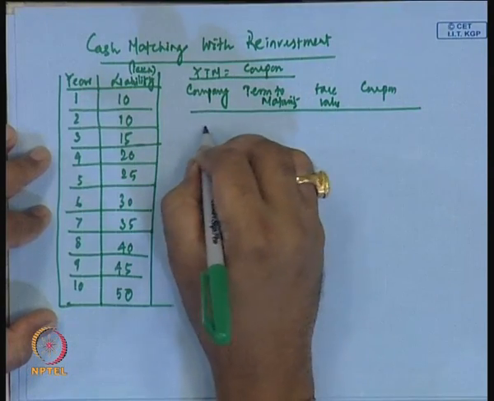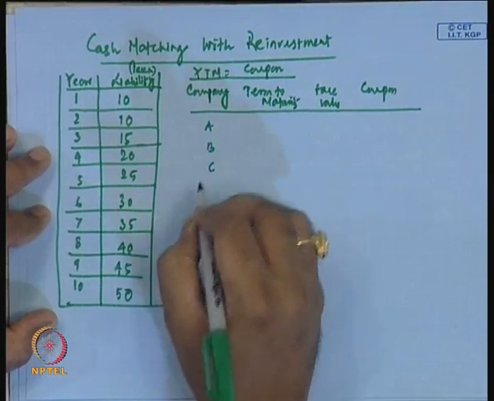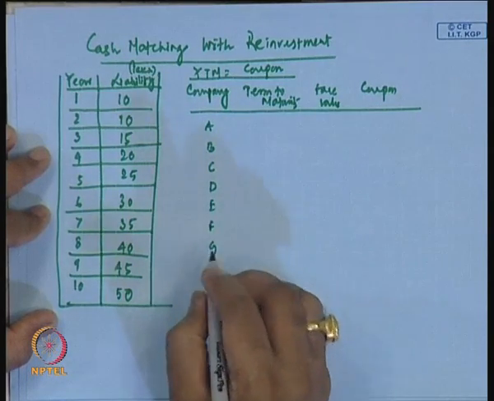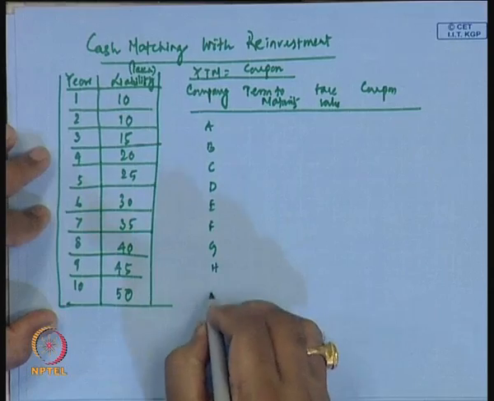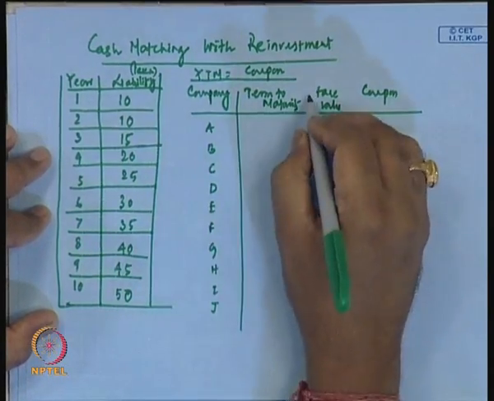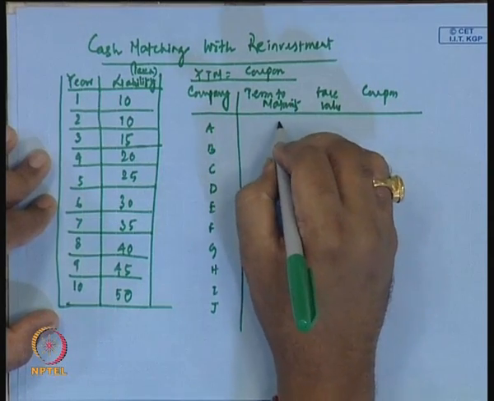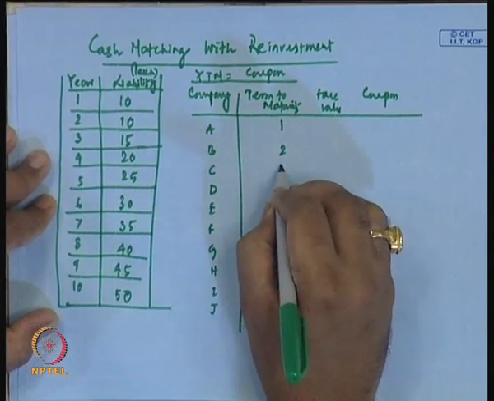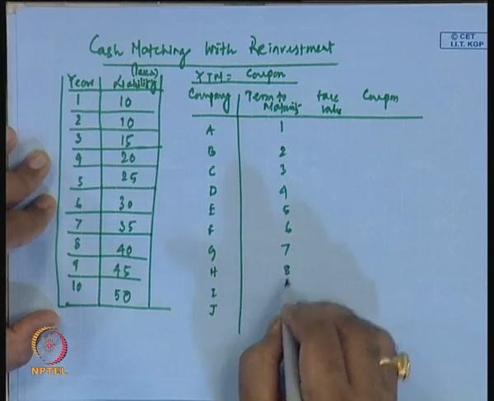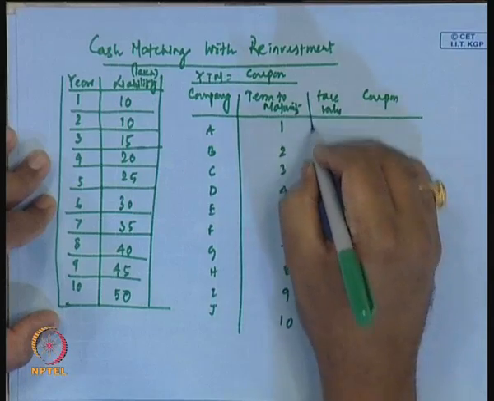Let these be companies A, B, C, D, E, F, G, H, I, J, which are different companies. Then we have term to maturity 1, 2, 3, 4, 5, 6, 7, 8, 9, 10.